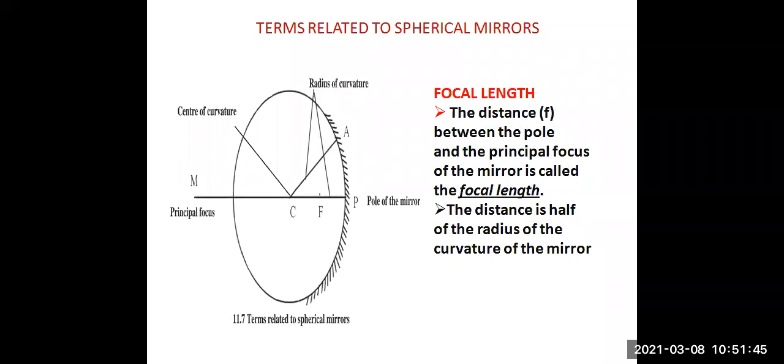I'll repeat once again, while drawing spherical mirrors, concave or convex, first you are going to draw the principal axis. Place C, that is the center of curvature, at 0 centimeter. After C, you place the point F. If you place F at 3 centimeter, place the point P, that is the pole of the mirror, at 6 centimeter.